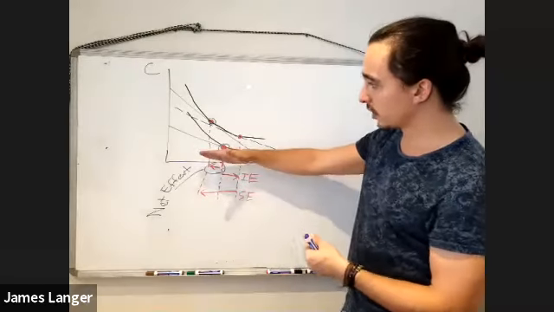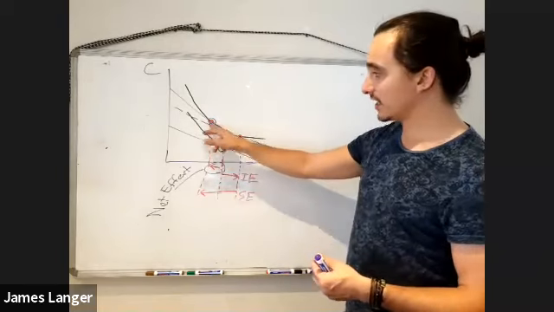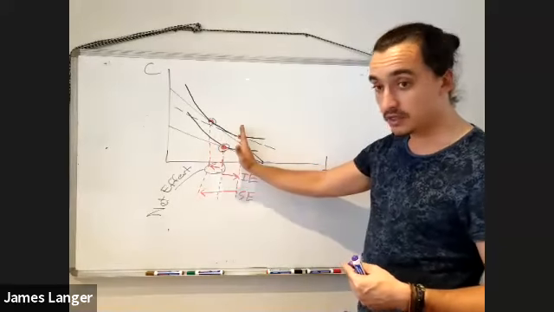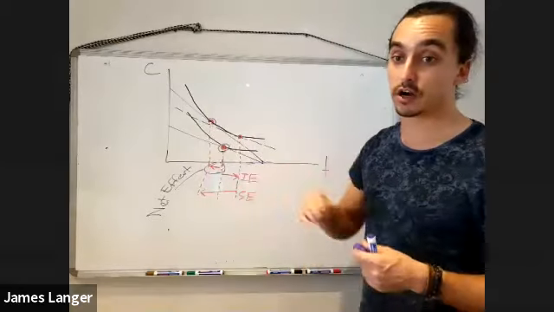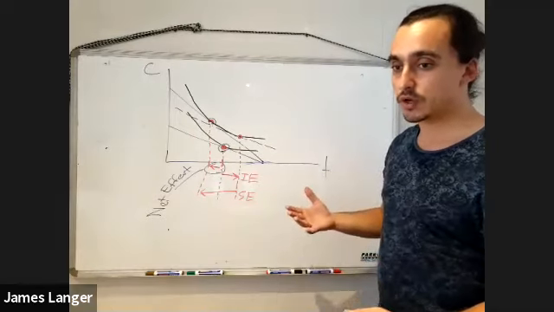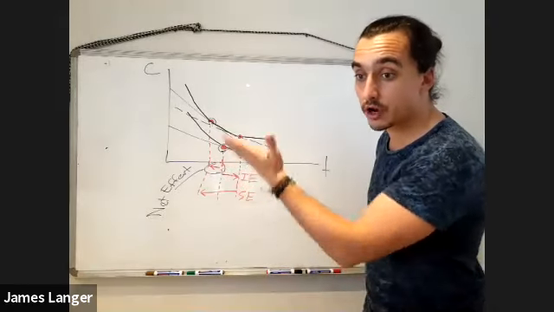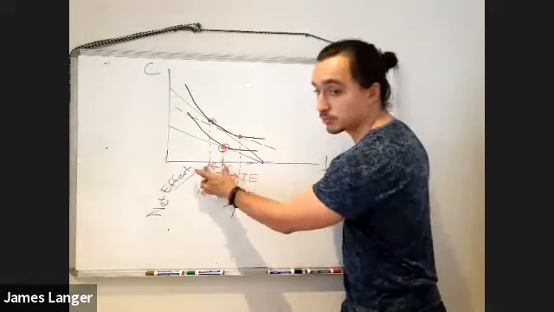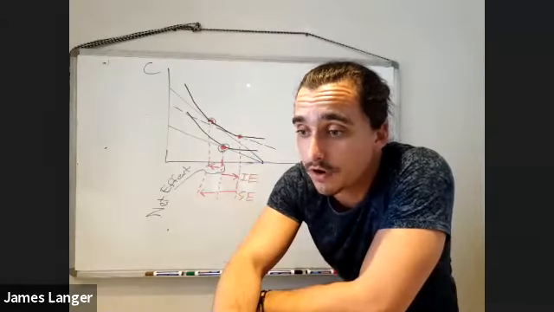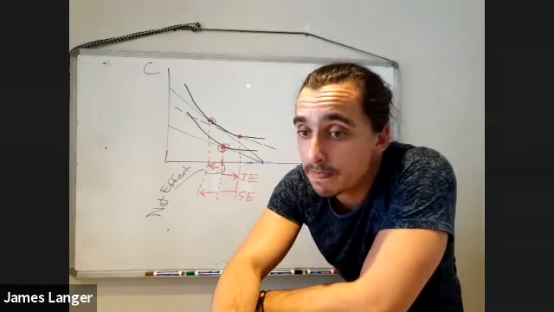I know a wage rate increase will swivel my budget line upwards, so I know I need to go from there to there. I need to show that the income effect would have been positive, but that the substitution effect was greater. So that is how we do this. We get a question like that, and then we break it down accordingly. They've said, show how the wage rate increase could cause someone to decrease leisure. How is this possible? And you break it down as such. Let me know if that answers your question, or if you're happy with that. Abigail, let me know if I've answered your question as well.